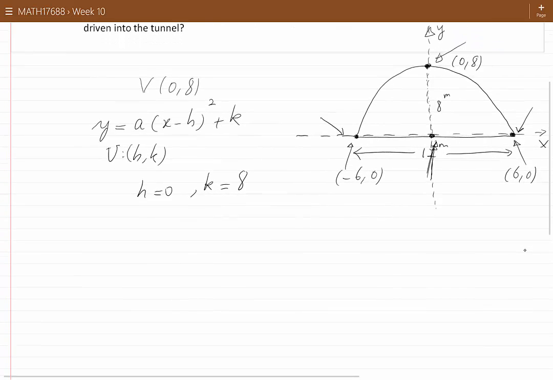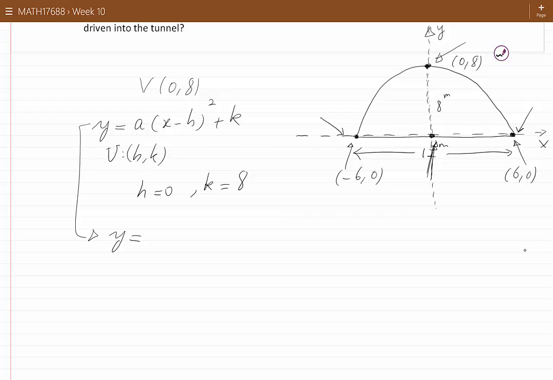If we plug these values in, we get y equals a times (x minus 0) squared plus 8. We can simplify this to y equals a x squared plus 8.